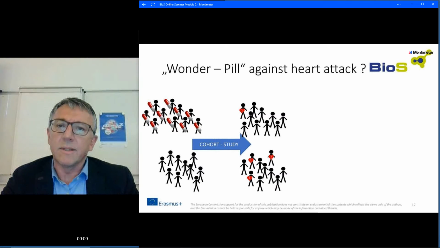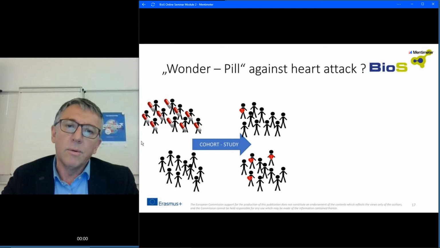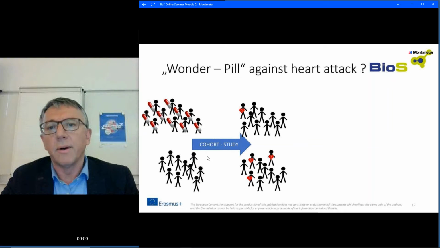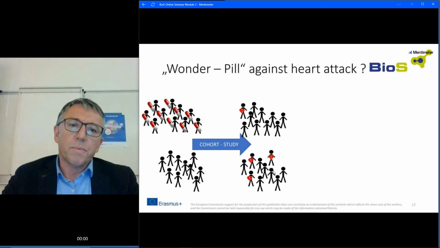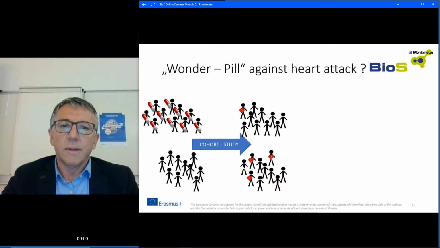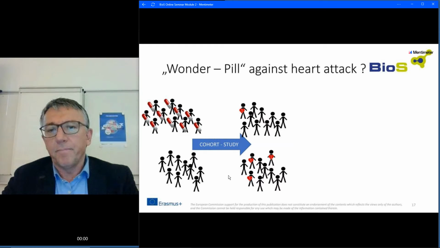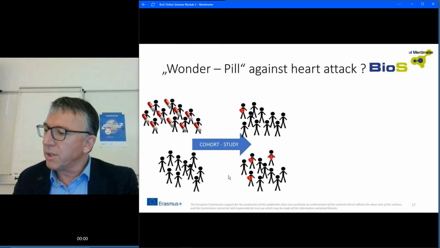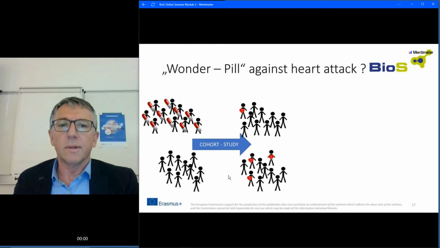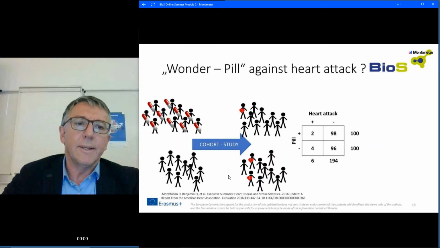But it could be the case that you are not able to randomize your individuals, then you have a prospective cohort study. In both cases, these are experimental studies. In both groups, there are individuals who will develop a heart attack and those who will not develop a heart attack. And again, you can use the 2x2 table to analyze the results of this study.